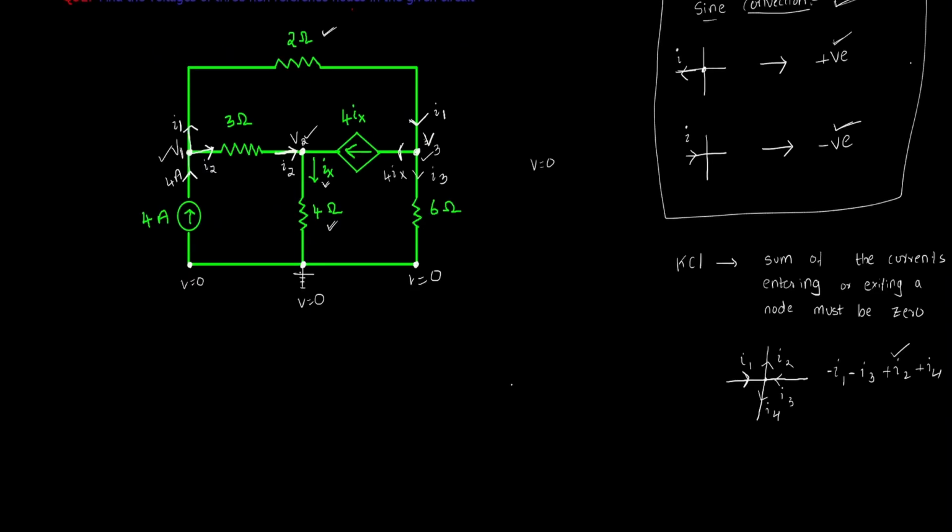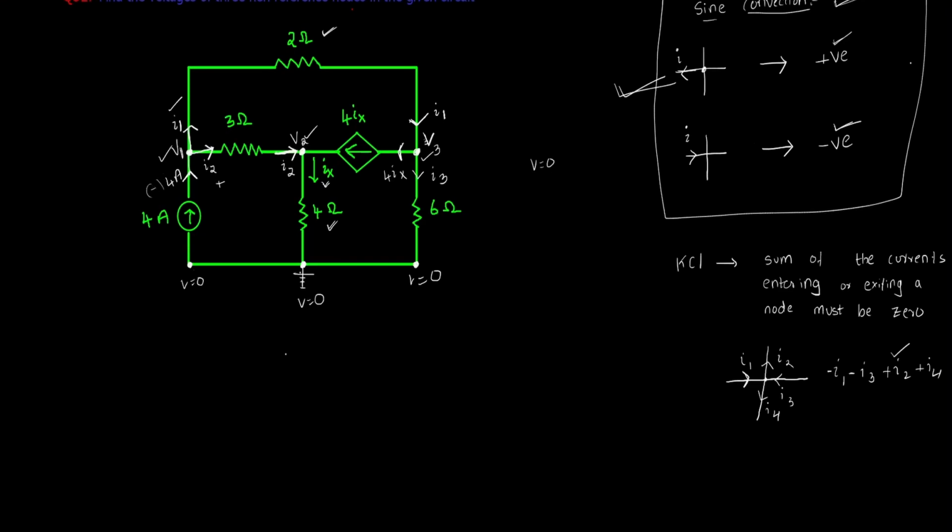If you take a look at the first node, we can see that the current I1 is exiting the node, and the current I2 is exiting the node as well, and a 4 amp current is entering the node. So by the general sign convention, we will have I1 as positive, I2 as positive as well, and the 4 amps current as negative.